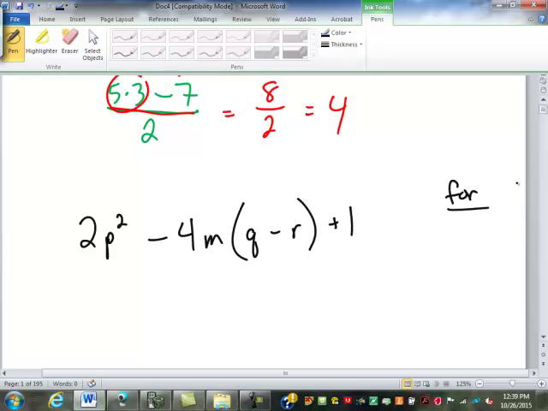So evaluate 2p squared minus 4m times parentheses q minus r, close parentheses, plus 1, for p equals negative 5, m equals 7, q equals 8, and r equals 5. I'm going to let you try that in your notes.